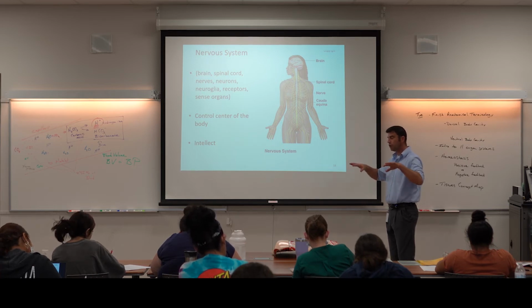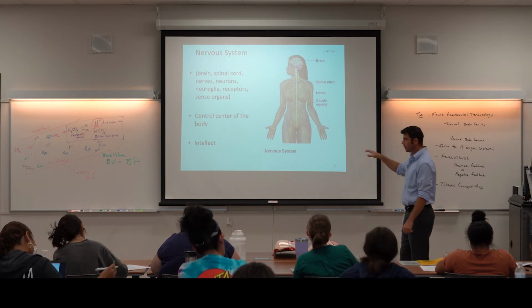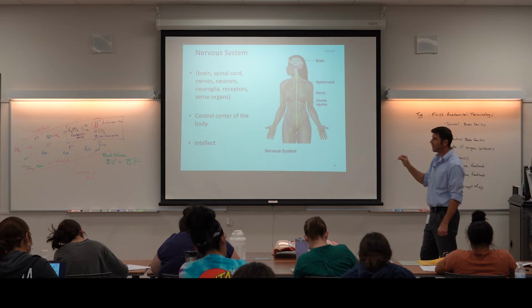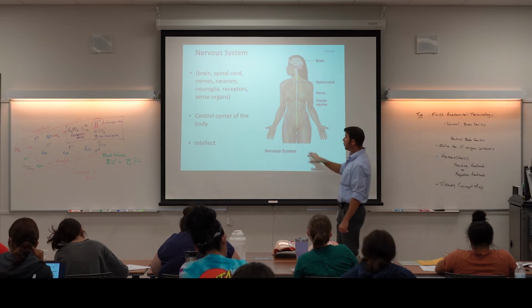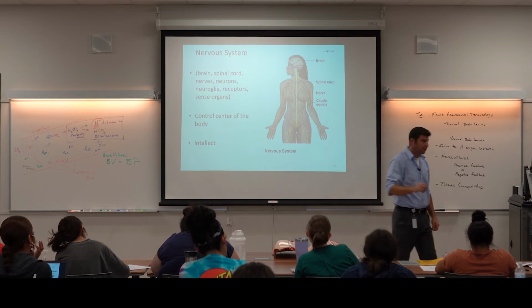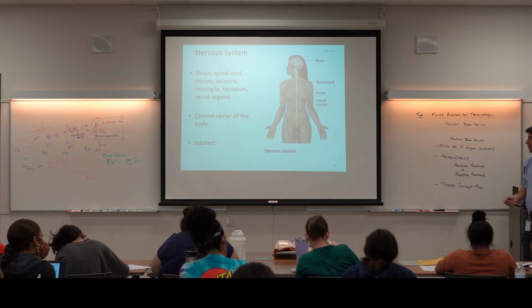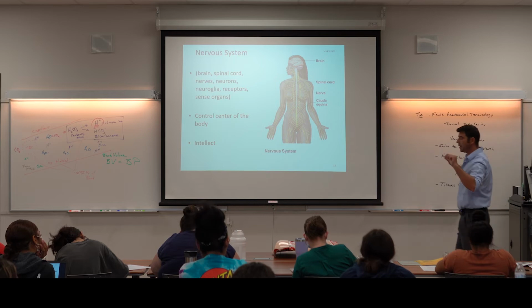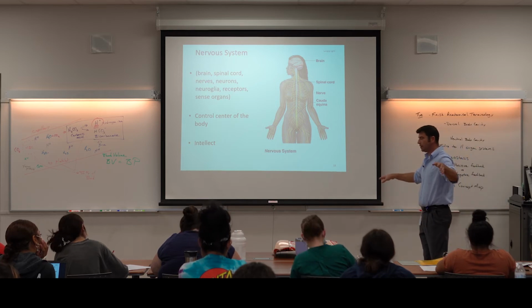They both control other organ systems, but they do so in different ways. The nervous system is going to use rapid electrical impulses that quickly go from one part of the body to the next by way of neurons. The endocrine system, we're going to learn, is a collection of glands that are scattered throughout the body.